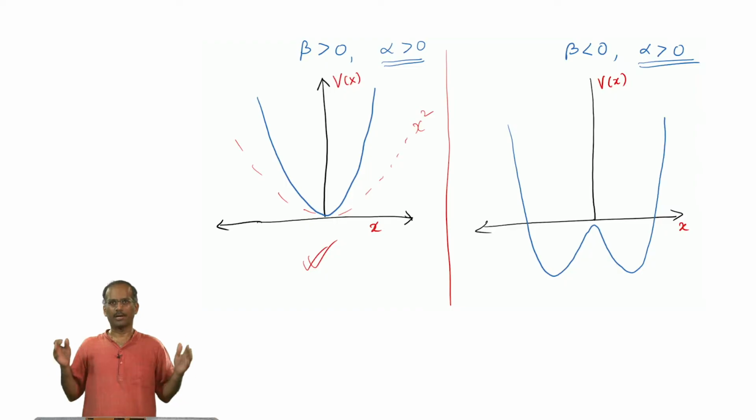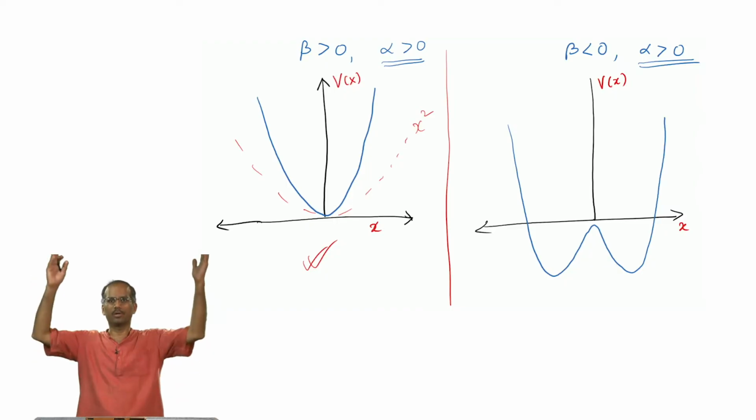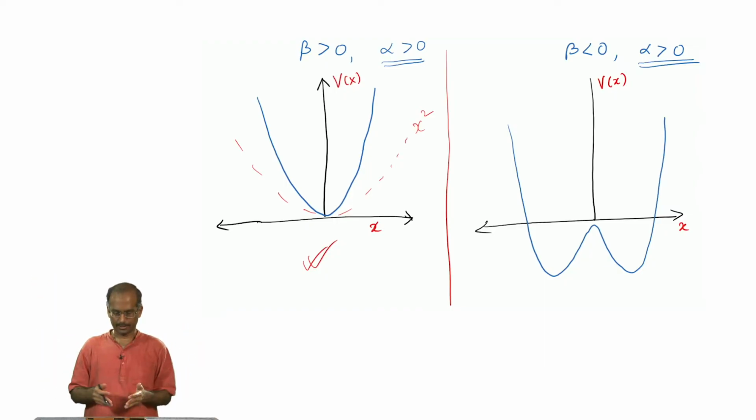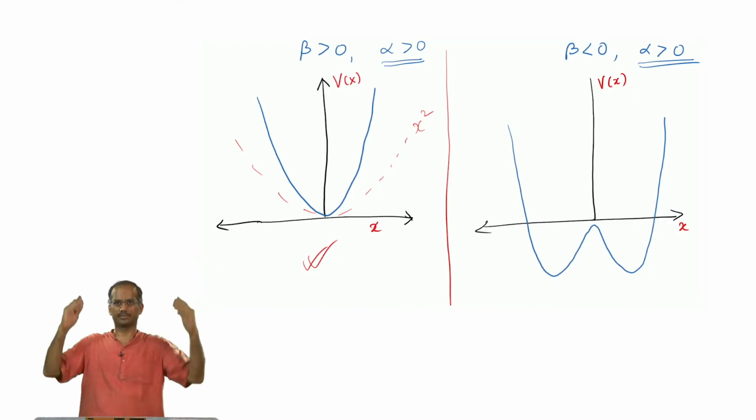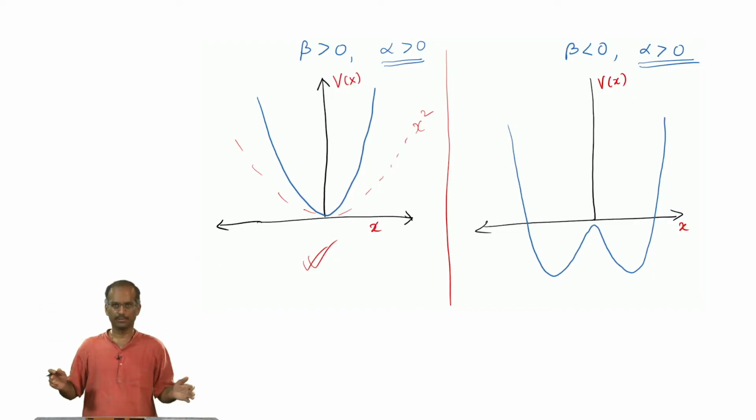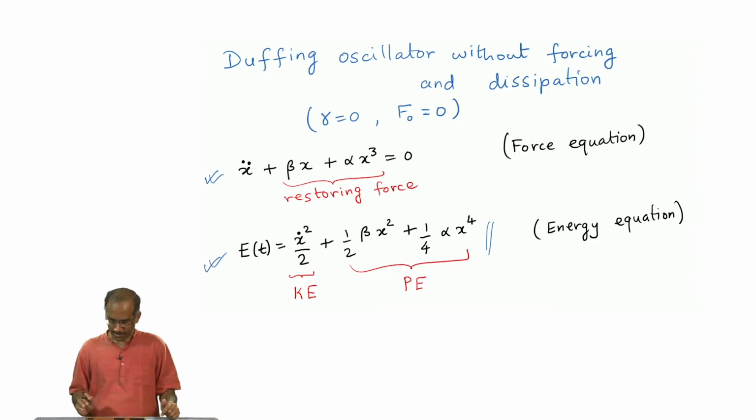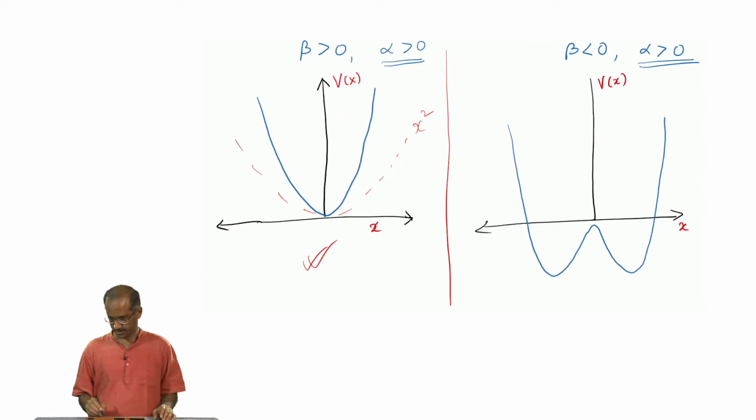So, ultimately for large displacements it is going to go like the first case, it is going to increase, go towards infinity, both at positive displacement and negative displacement. On the other hand, if x is less than 1, then for small values of x, this x square term will dominate, that will be more than the x power 4 term. So, that is this region here.